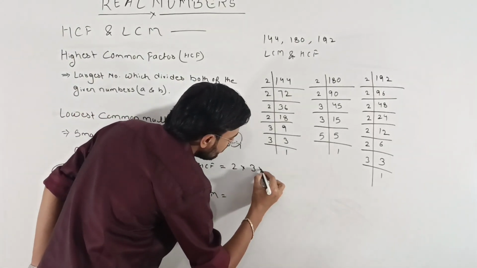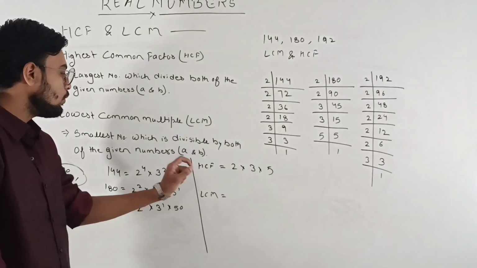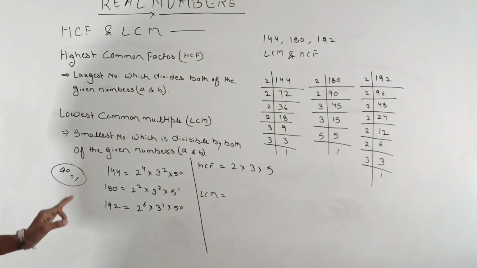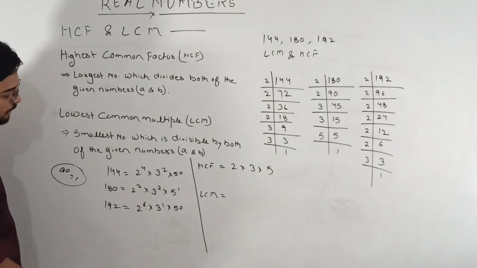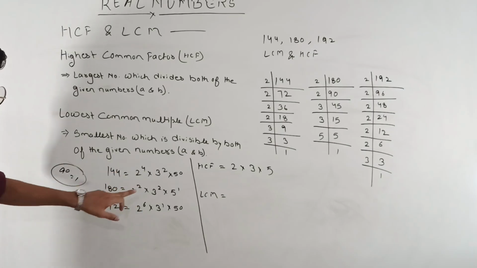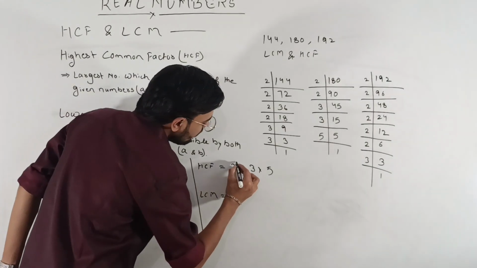Now, for HCF, you write the lowest power of all these 2, 3 and 5. Lowest power means the smallest power. Now look, this is 4, this is 2 and this is 6. The smallest among them is 2. Then I write here 2.